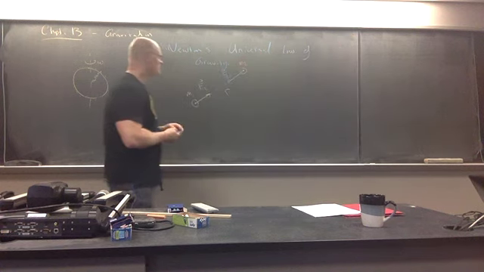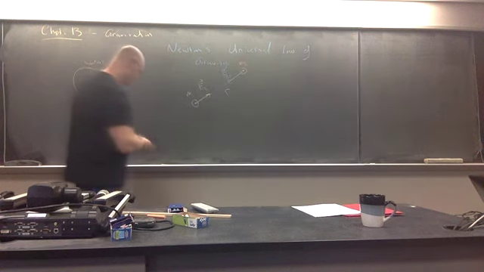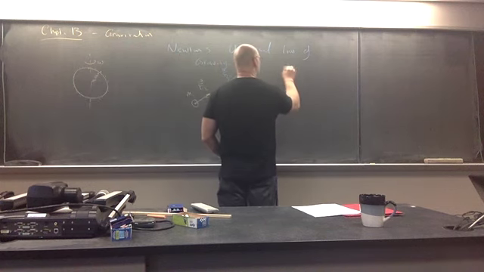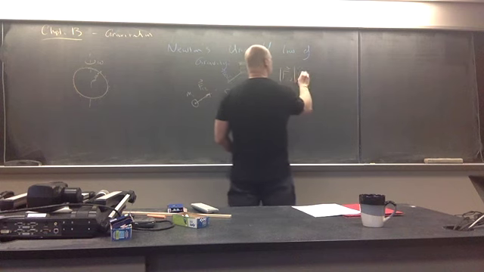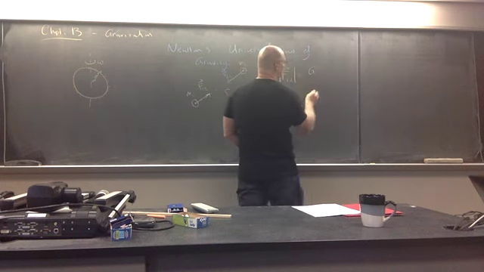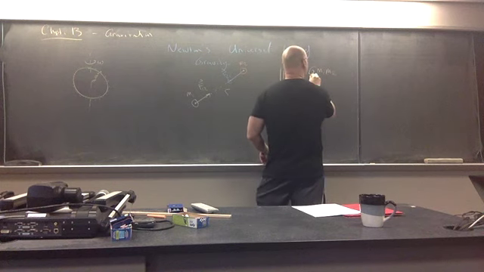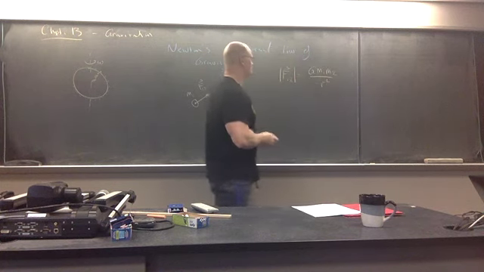Now, the magnitude of the force that each one of these feels is given as: the magnitude of the force on 1 by 2 is equal to G, I'll tell you what G is in a second, it's capital G, times m1 times m2 divided by r squared.